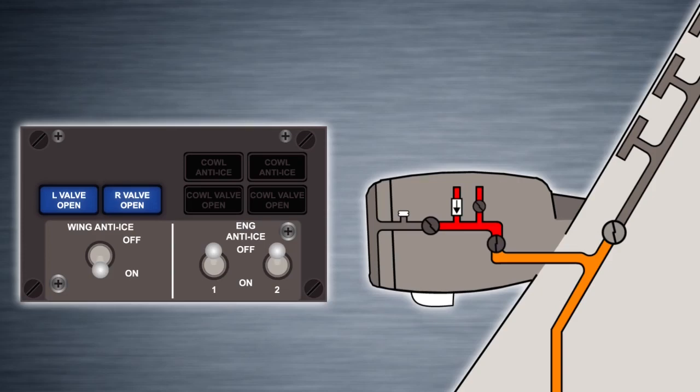This results in the bright illumination of the valve open lights indicating a disagreement between the position of the switch and the valve position. These lights also illuminate bright when the valves are in transit. They illuminate dim when the valves are open and extinguish when the valves are closed. The valves reopen automatically if the thrust levers are pulled back and both temperatures are within limits again.